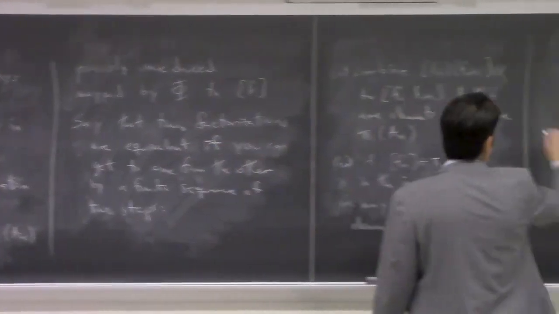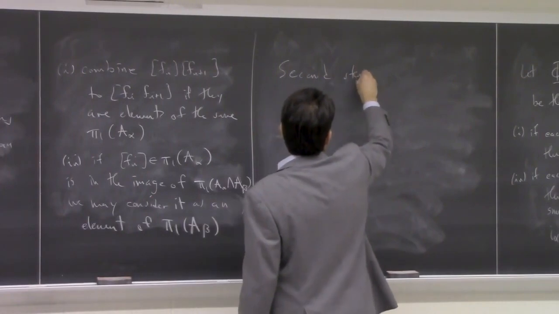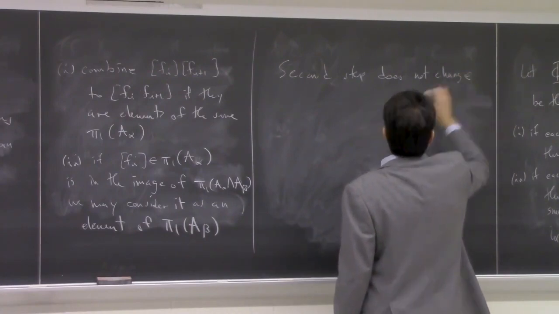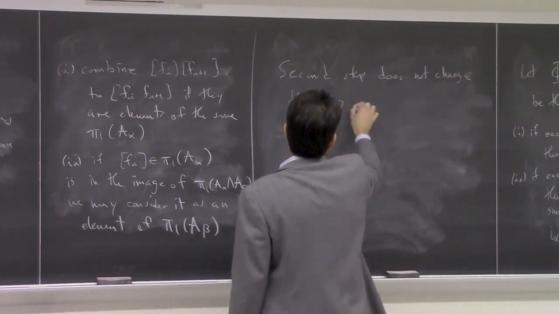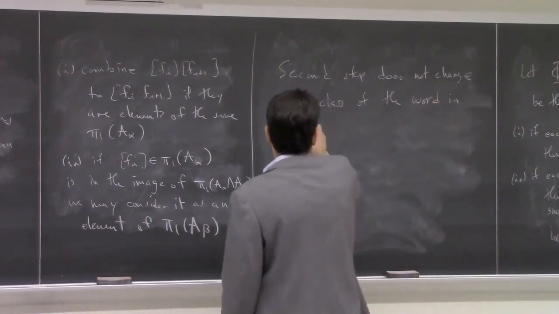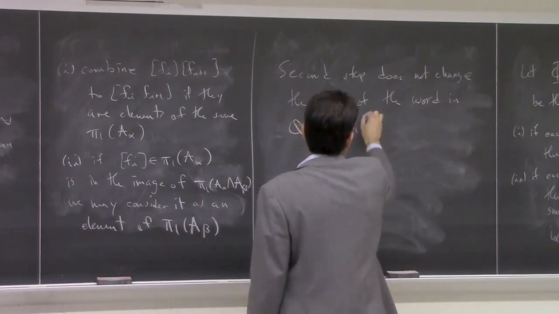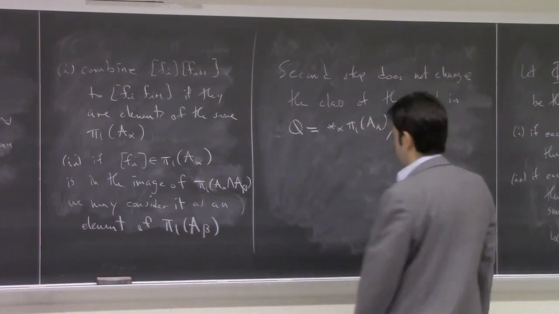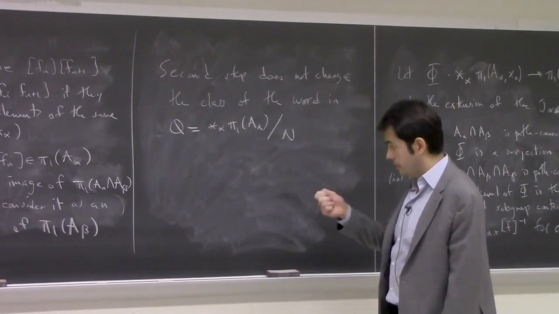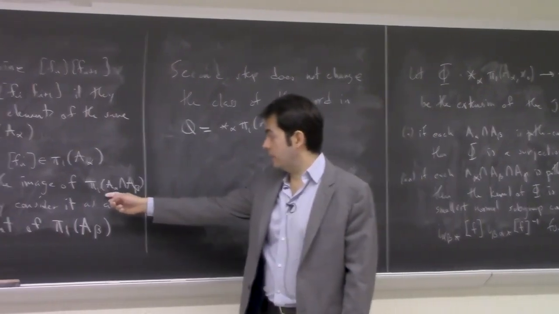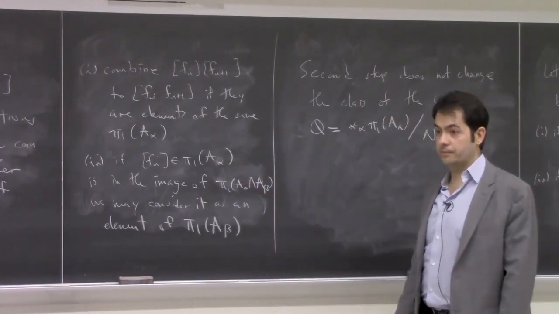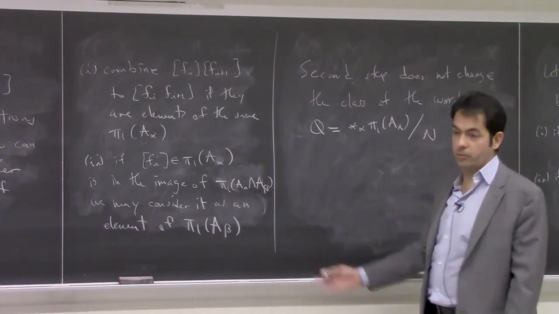And the second step does not change the class of the word in, let's call it Q for quotient, what you get from the free product by modding out by N. Because that's exactly what N is. Given a letter that's in either pi_1 of A_alpha or pi_1 of A_beta, you consider them equivalent. You can consider it as an element of A_alpha or an element of A_beta, and you get the same.